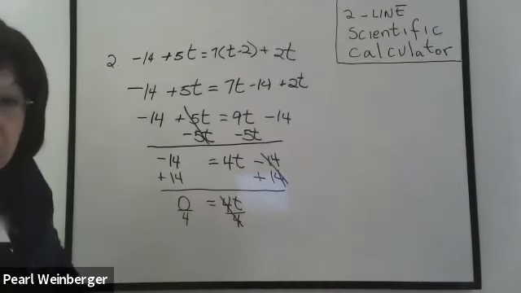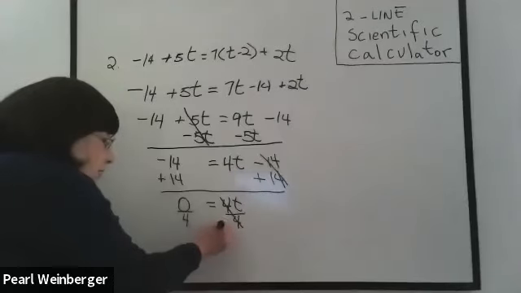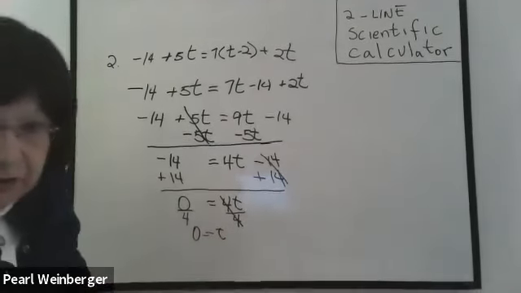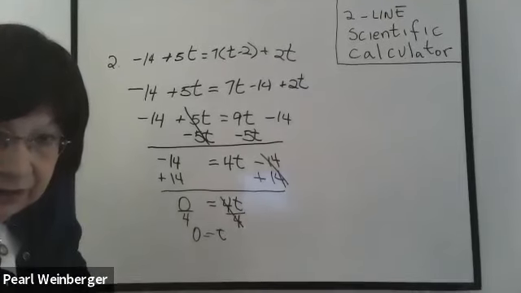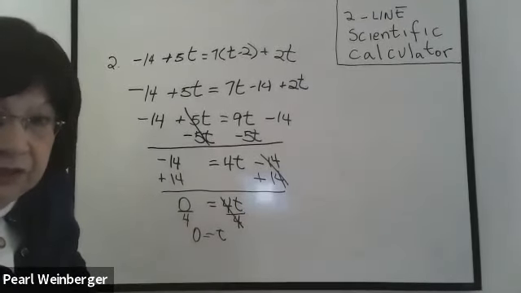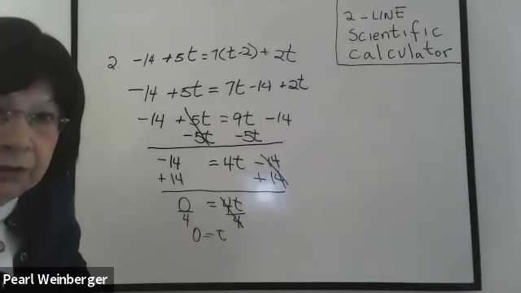Now, how much is 0 divided by any number? Always 0. So it turns out my final answer is t equals 0. And I do see that several people did get that answer. But those people who didn't get that answer, can you see where you made your error?